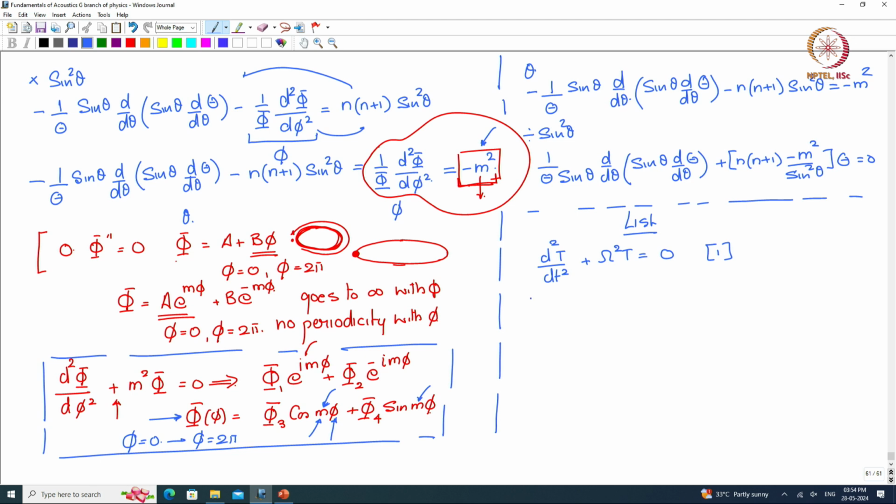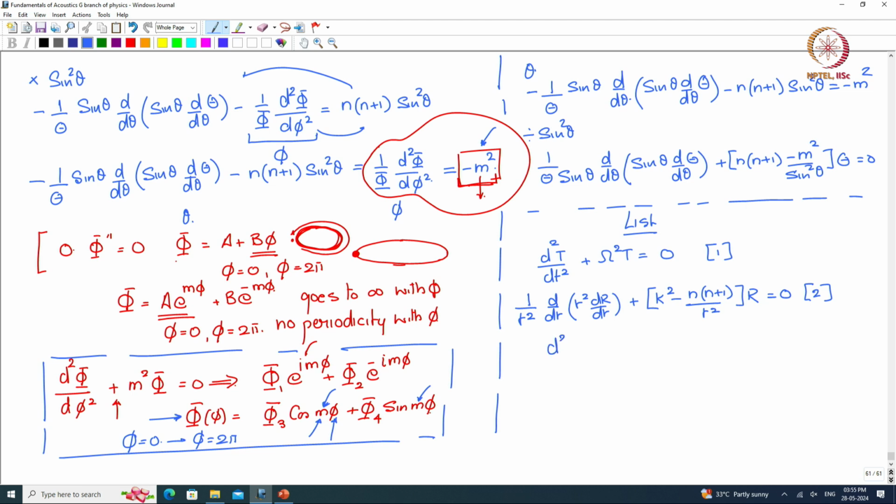Okay, then 1 over r square d by dr r square dR by dr plus k square minus n into n plus 1 by r square into R is equal to 0. That is my number 2.